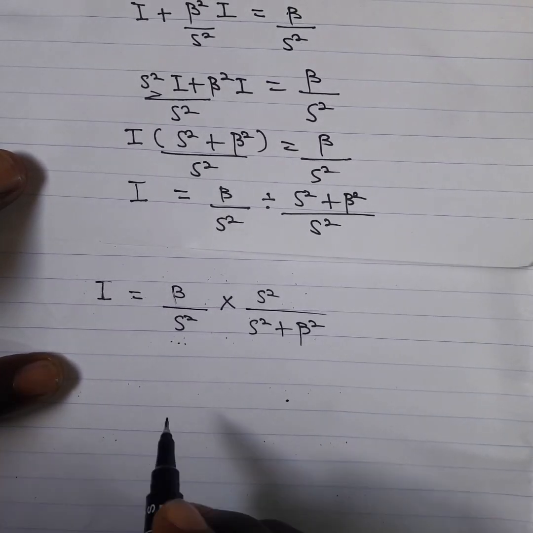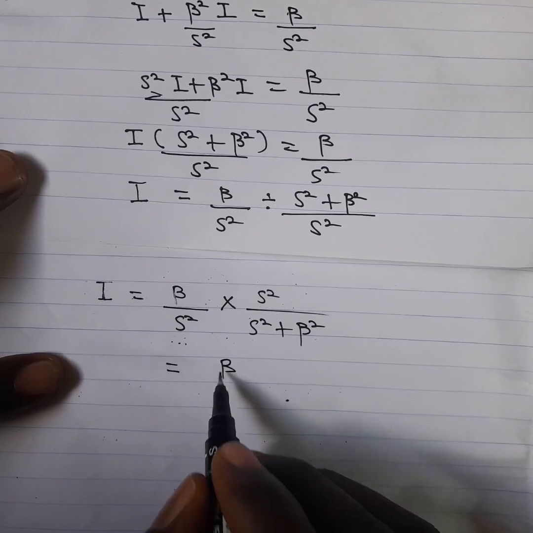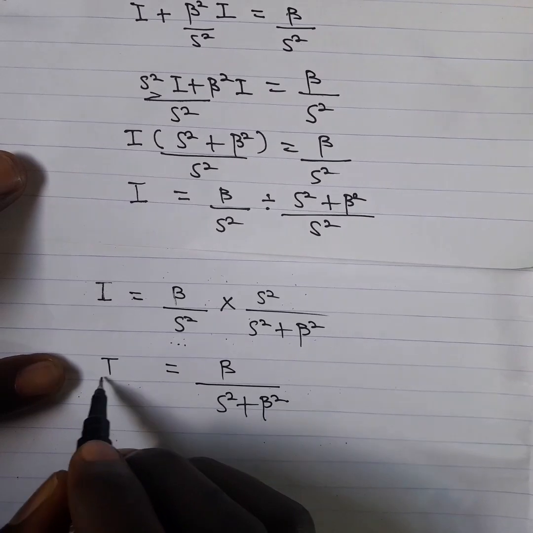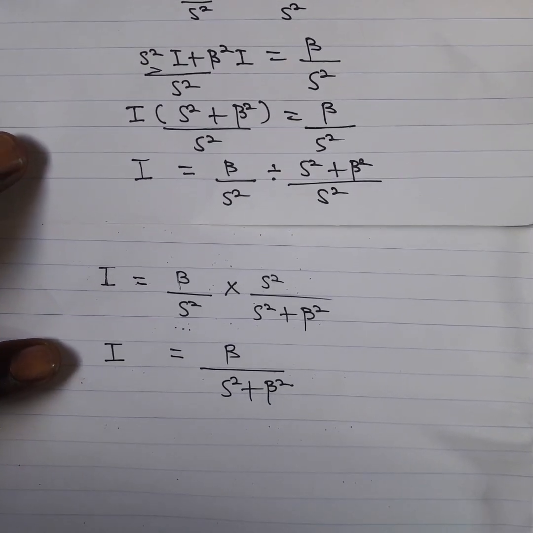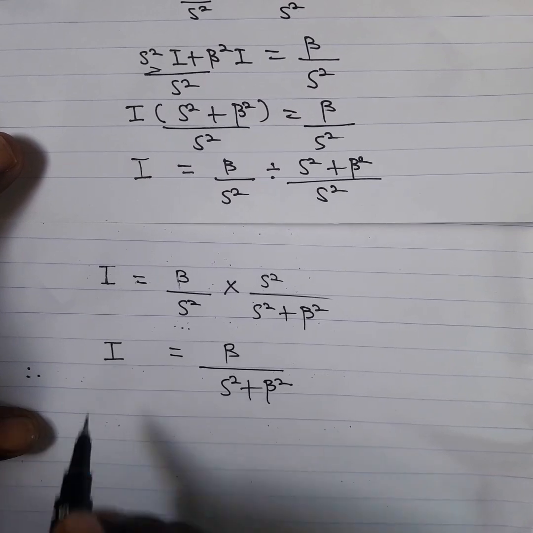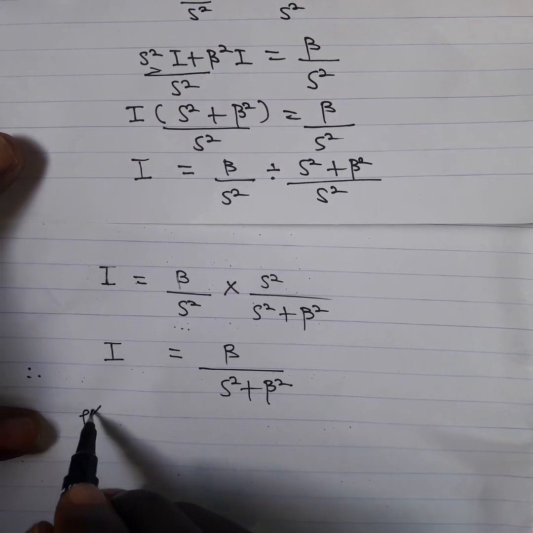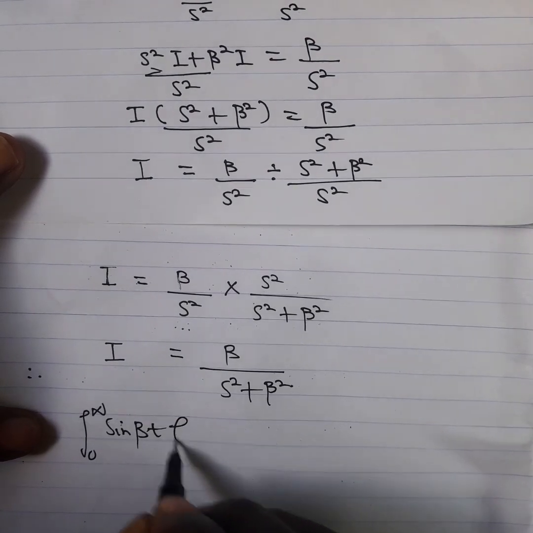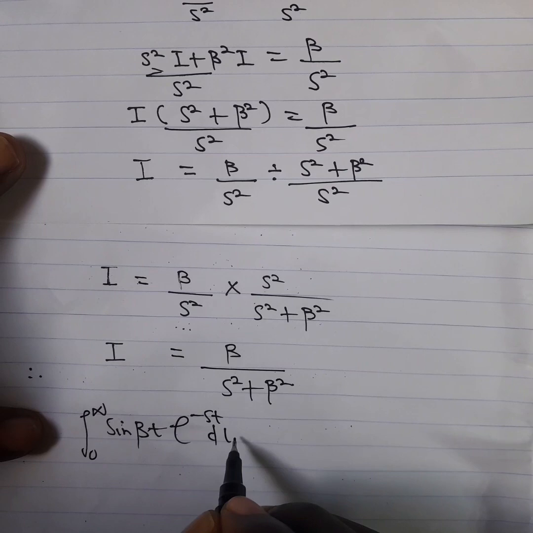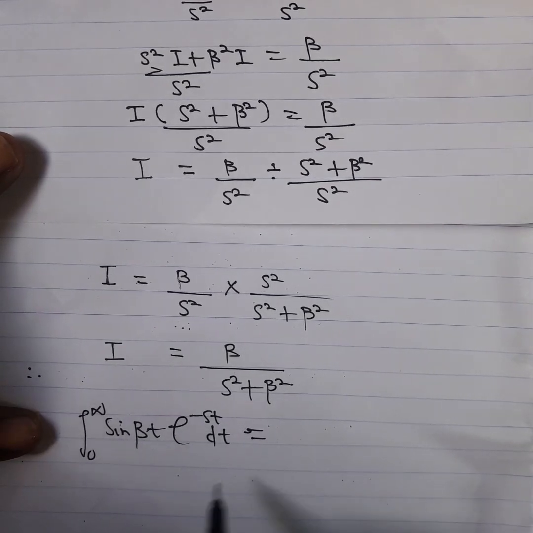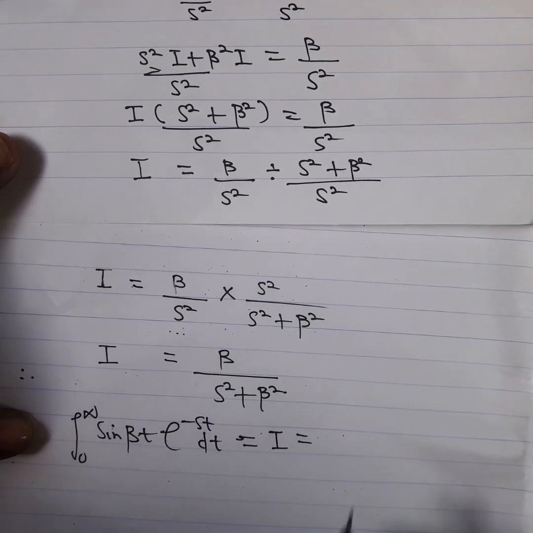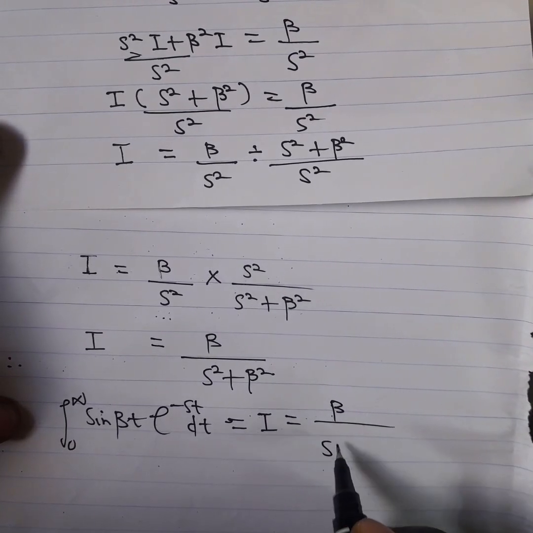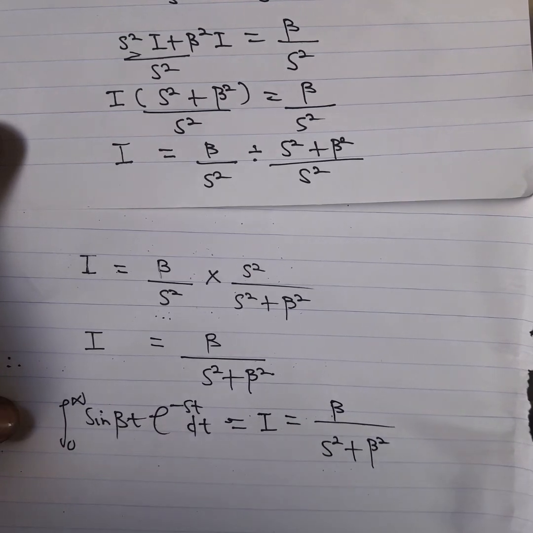So what we are going to have is beta divided by s square plus beta square equals I. But note that our I equals the integral from 0 to positive infinity sine beta t exponential minus st dt, equals beta all divided by s square plus beta square.